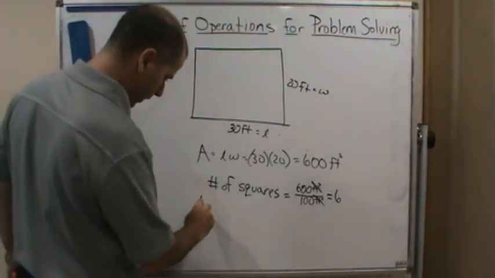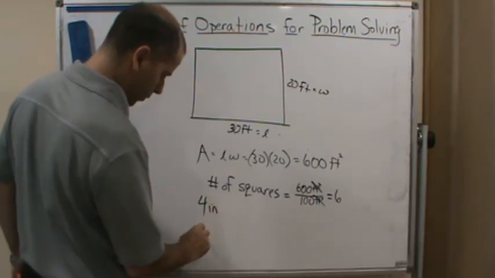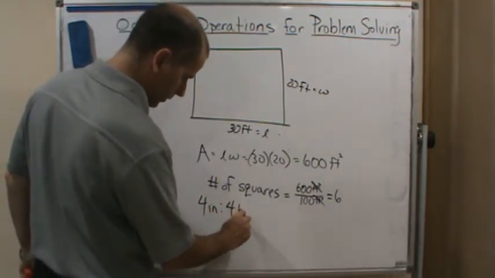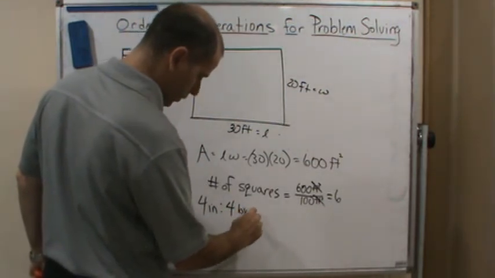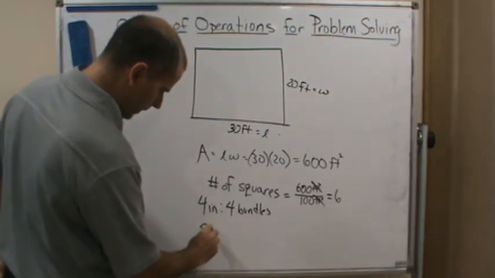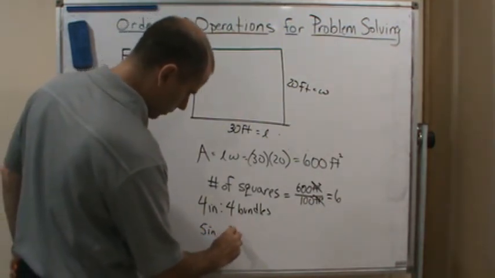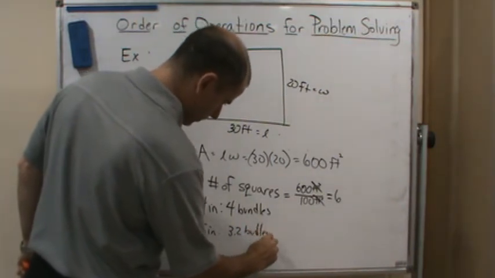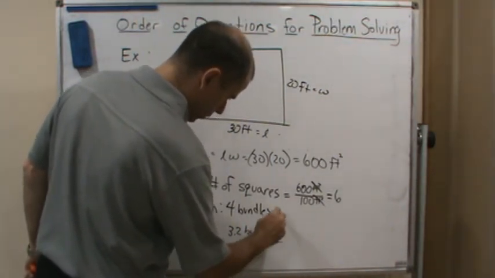So if we're doing 4-inch exposure, it's 4 bundles per square. If it's 5-inch, it's 3.2 bundles per square.